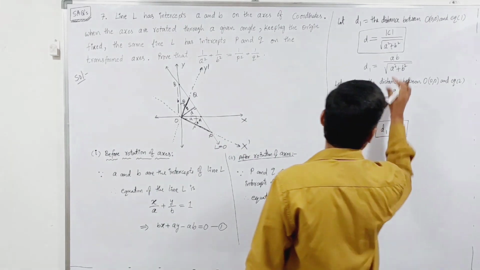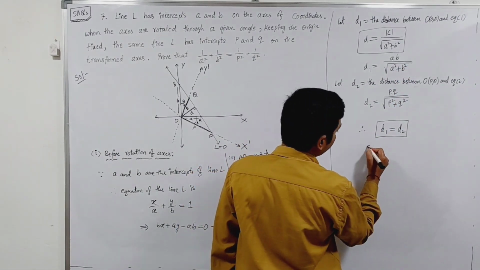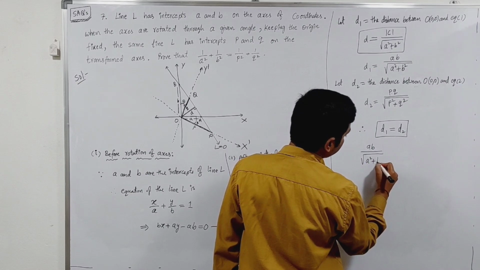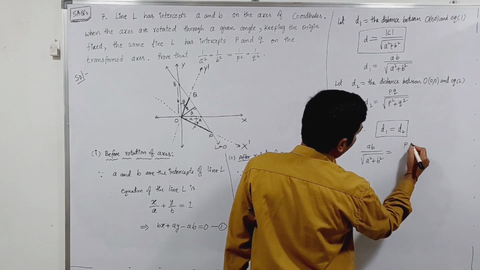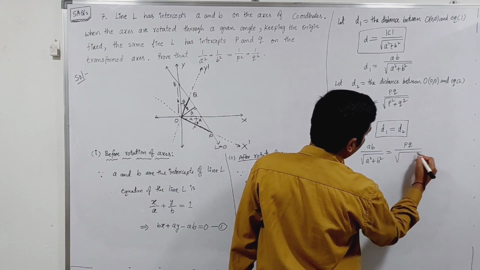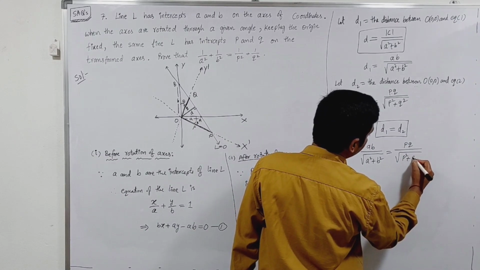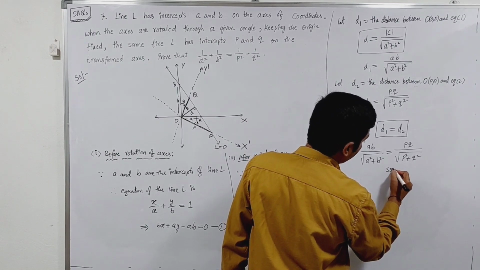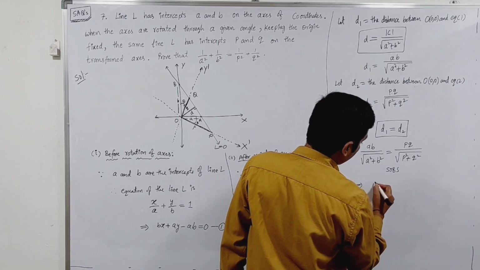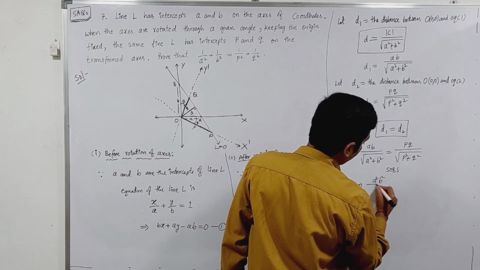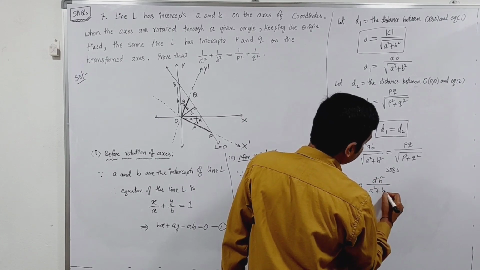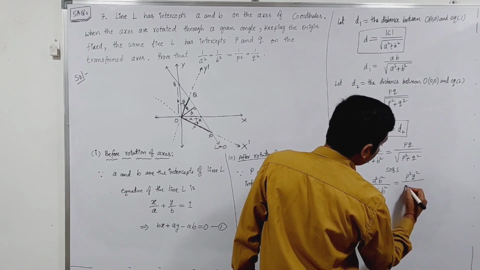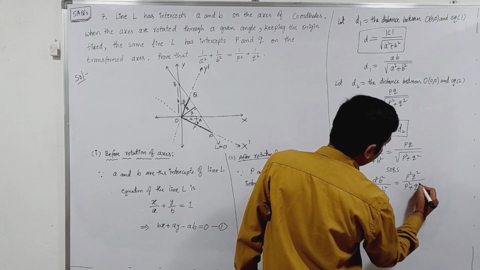Okay, now equating d1 and d2, ab by under root of a square plus b square is equal to pq by under root of p square plus q square. Now squaring on both sides, we get a square b square by a square plus b square is equal to p square q square by p square plus q square.